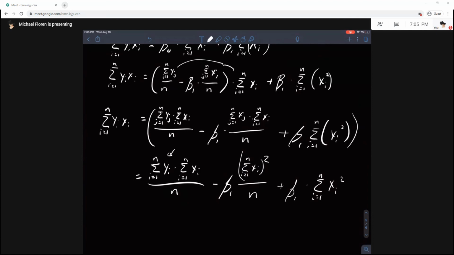So what we need to do here is get our beta 1 out from all of this yucky mess, and then start to get beta 1 by itself. So I'm actually going to start by subtracting this over to the other side, this first term.